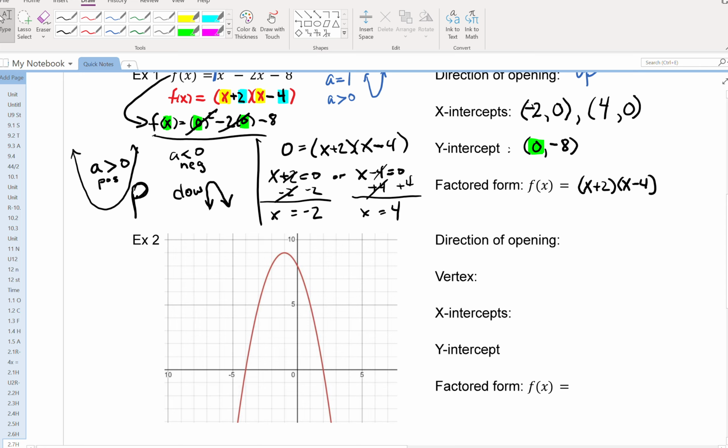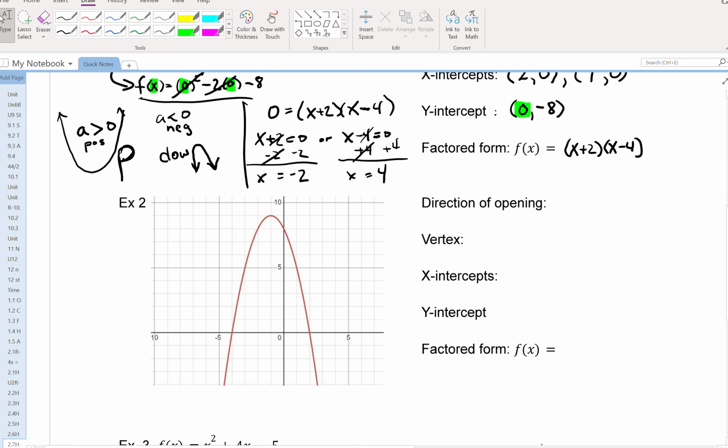Let's look at example 2. Example 2 is direction of opening. Well, this opens down. Again, if you kind of draw it this way, it might help you to remember. If your parabola looks like that, it's opening down. And then the vertex. Well, your vertex is the highest or the lowest point. In this case, it's the highest point, and so its x-coordinate is over 1, so that's -1.